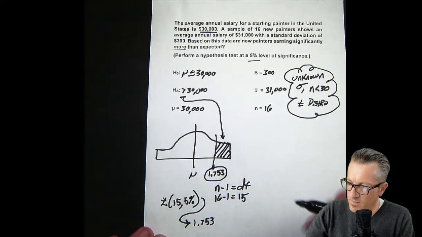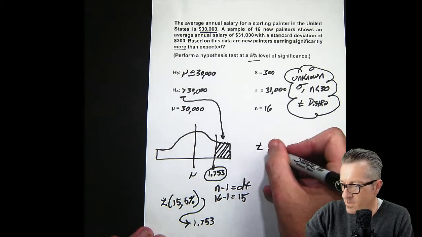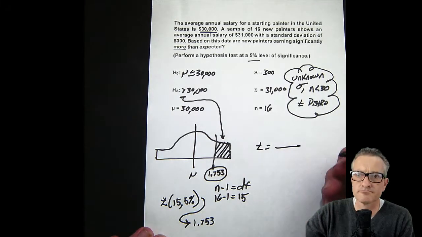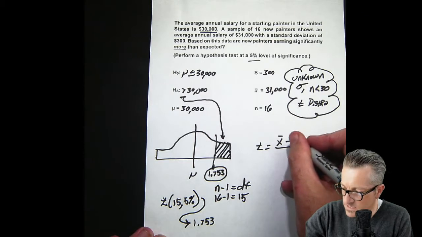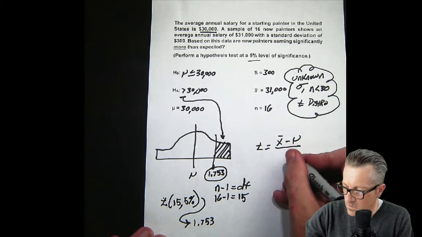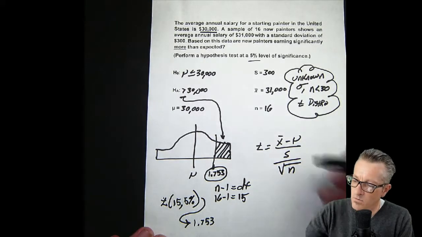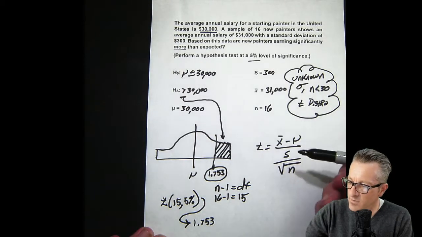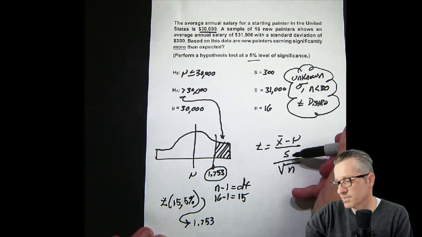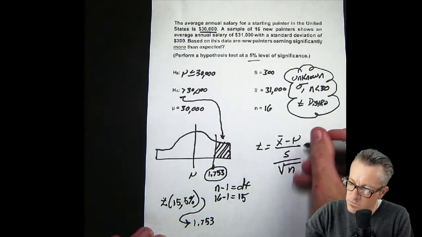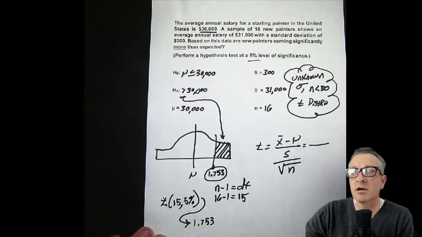Okay, let's do the calculation. The calculation for the t-distribution is very similar to what you've seen before with the z. It's the same setup as the z-distribution, but we have a sample standard deviation. So let's work that out. In this one, I'm not using the calculator.